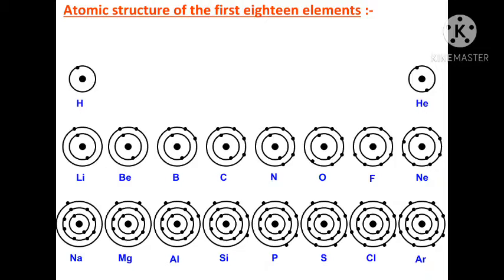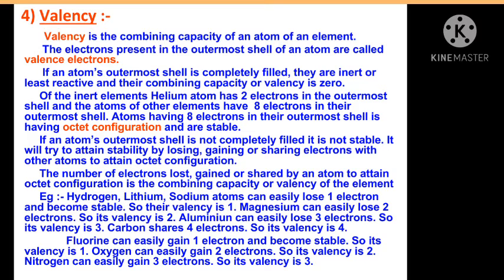Now coming to the next concept, that is valency. So we have learnt how the electrons in an atom are arranged in different shells or orbits. The electrons present in the outermost shell of an atom are known as valence electrons.